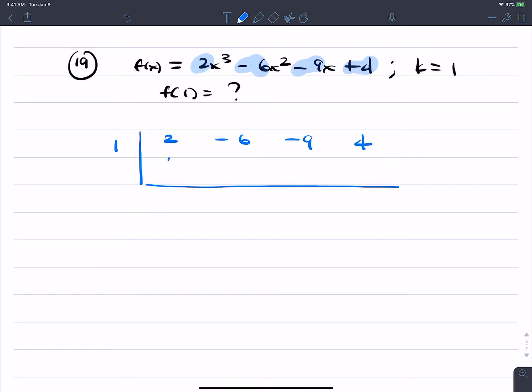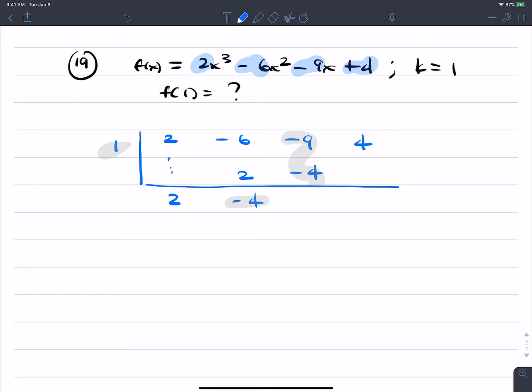So again, we're going to start by bringing the number down here. Let's do this process. 1 times 2 gives you 2. Negative 6 plus 2 is negative 4. We repeat the process. 1 times negative 4 gives you negative 4.